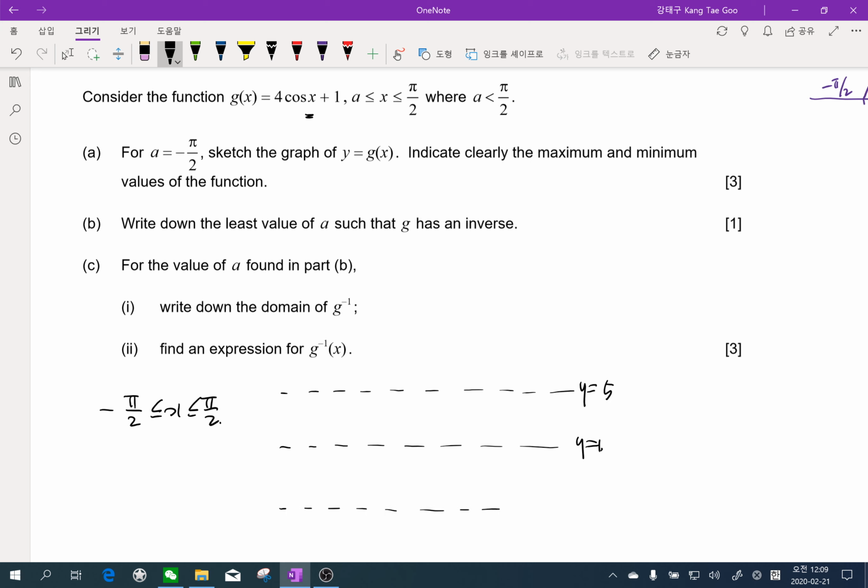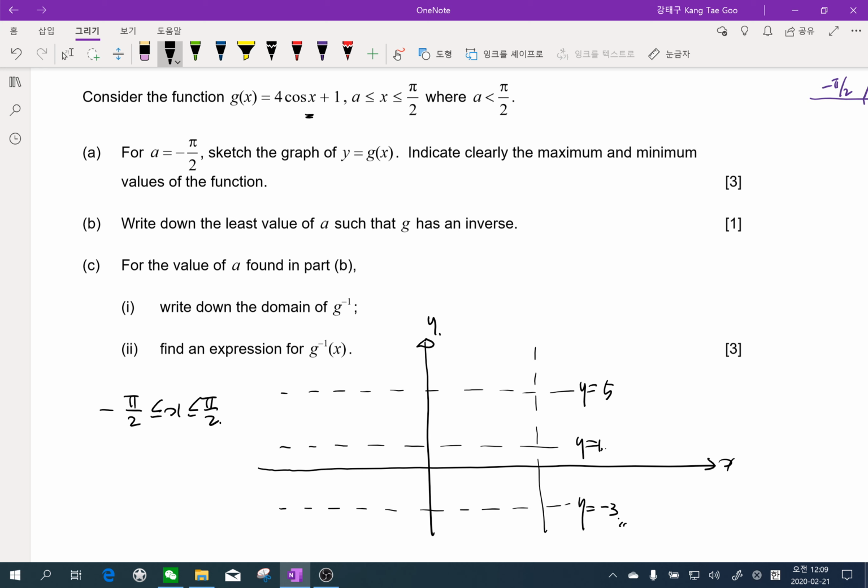For the bottom we subtract 4, so y = negative 3. At the center we have the y-axis, and then we need the x-axis, which is somewhere here, because y is 1 here and y is minus 3 here, right? After that, the domain is from negative pi over 2 to pi over 2.